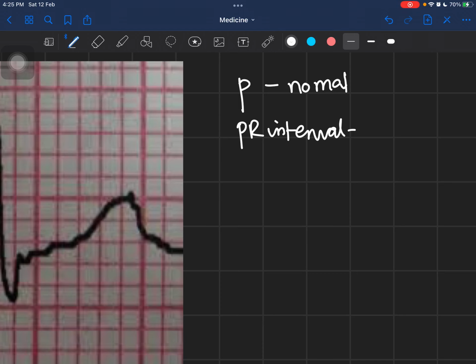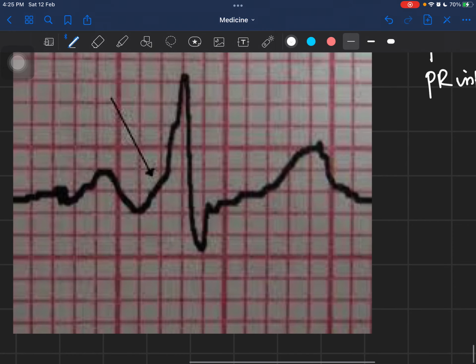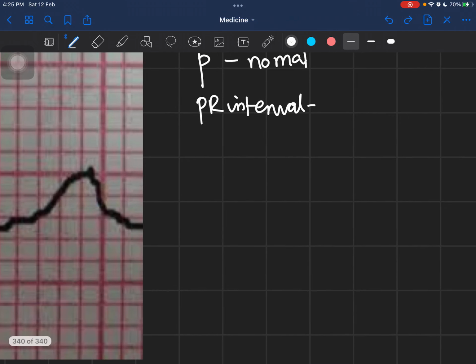The PR interval would be absent, or the PR interval could be short. So in this ECG, as you can see, there is no PR interval. So absent PR interval is another finding.